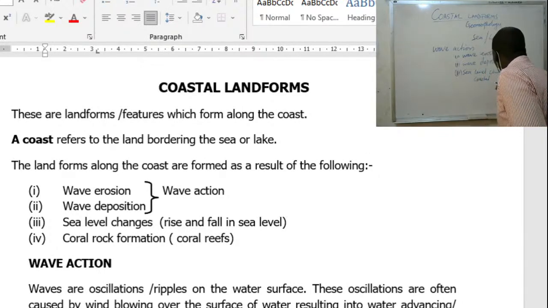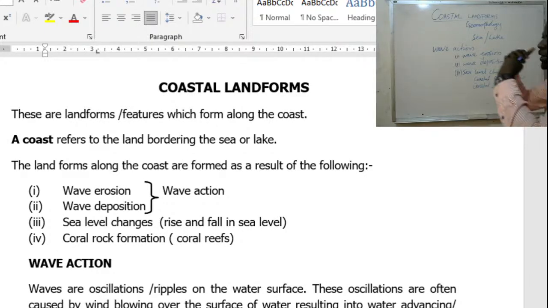Okay. We have coastal submergence first. And then we shall also have those that form as a result of coastal submergence. No, that is emergence. Submergence means that the coast is submerged.